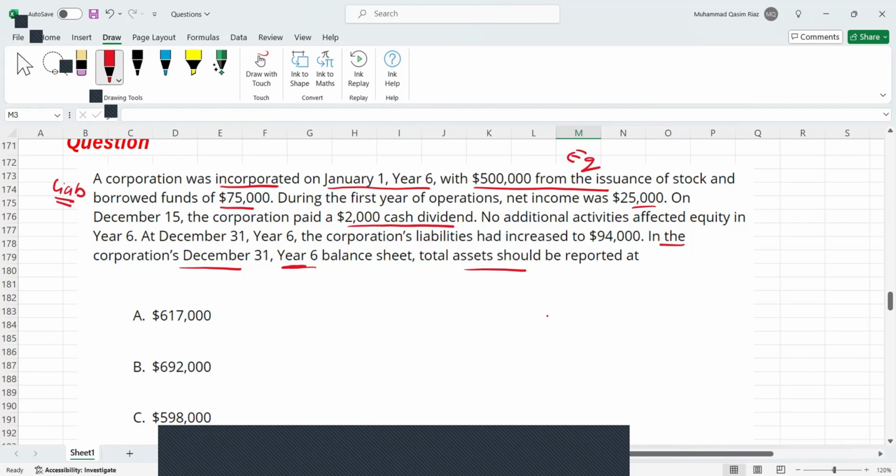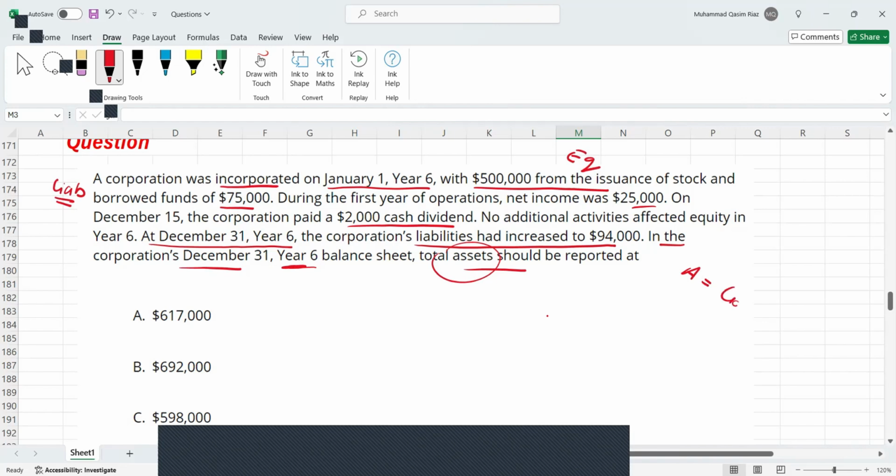On December 15, the corporation paid 2,000 cash dividend. No additional activities affected the equity in year 6. At December 31st, year 6, the corporation's liability had increased to 94,000. So this is the value of closing liability, and they're asking about what is the value of asset.